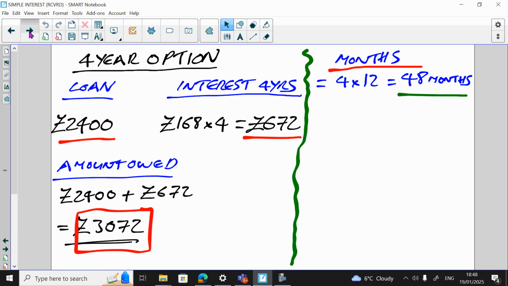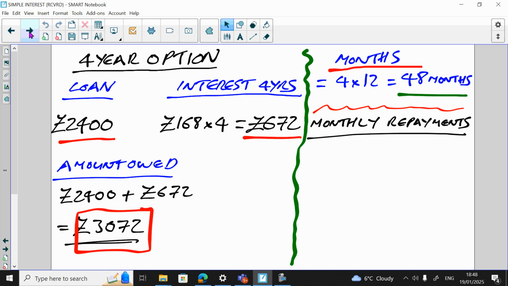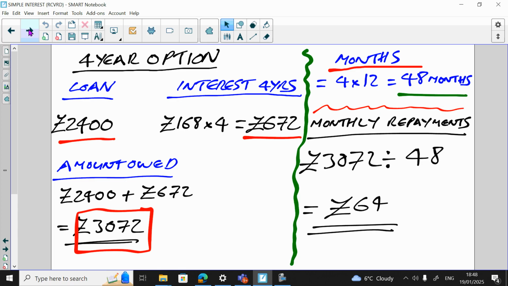So per month, hopefully you know you're just going to take this amount and divide it by the number of months. Yep, and get that figure there. £64. Oh, that's far less than the previous one.